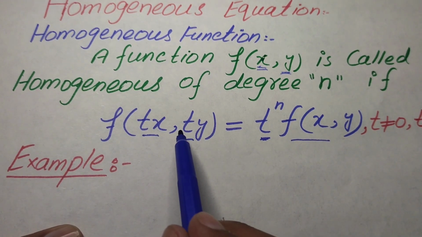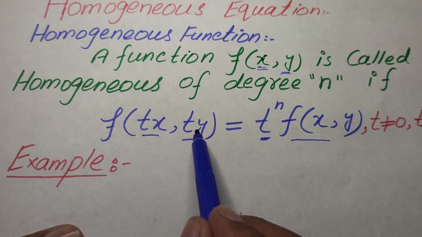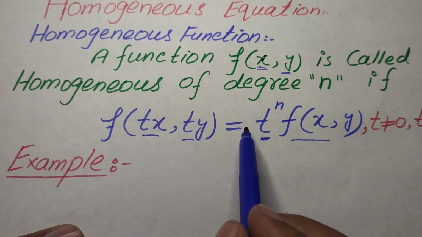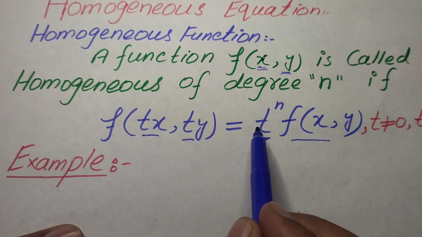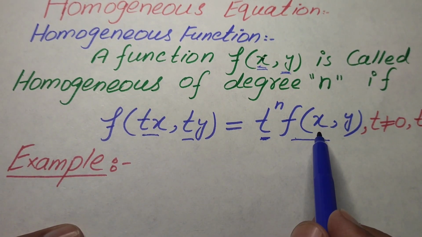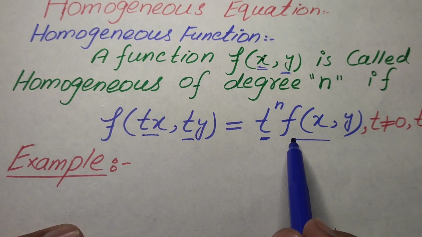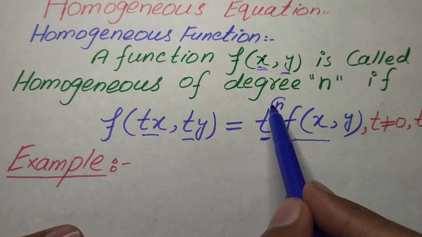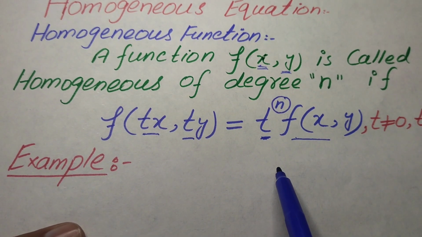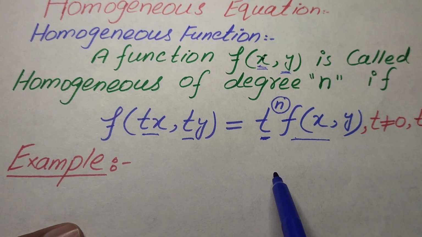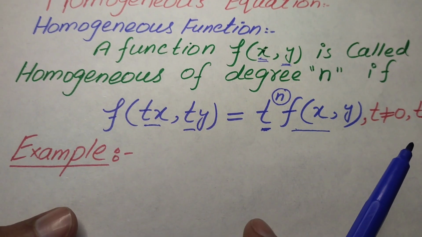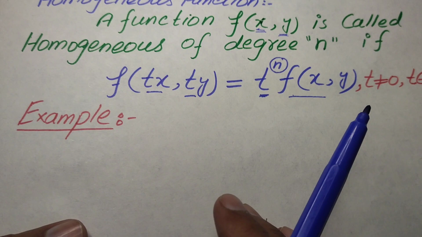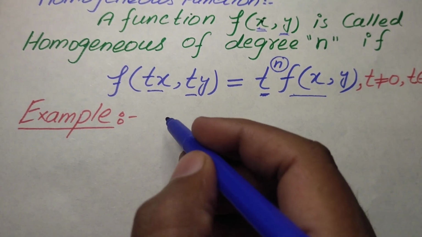When we replace x and y by tx and ty, we obtain t^n times the given function f(x, y). Then we say that our given function is homogeneous, and the power of t is known as the degree of that homogeneous function. Now I can explain this concept by some examples.